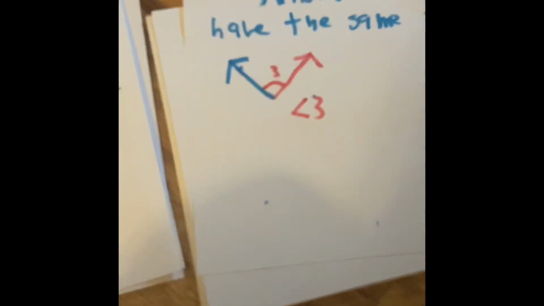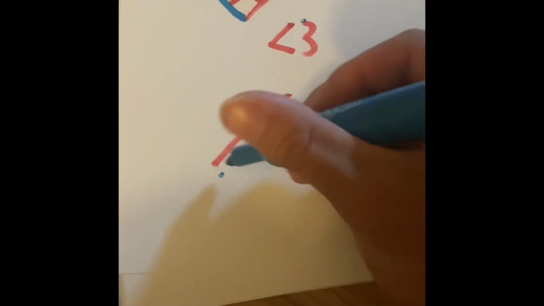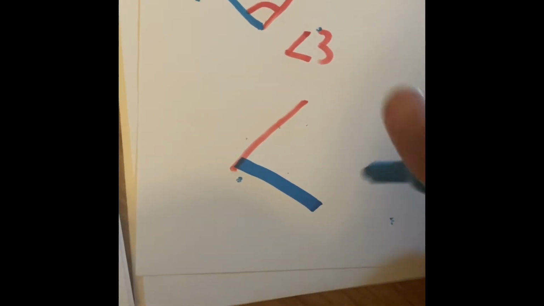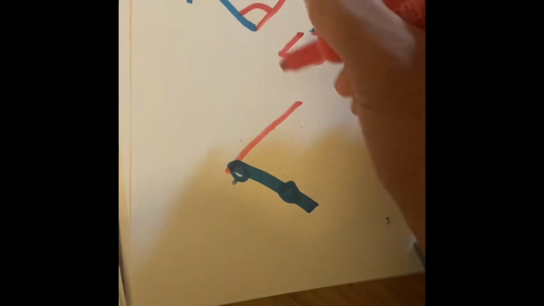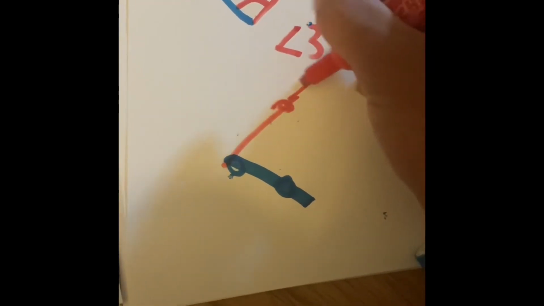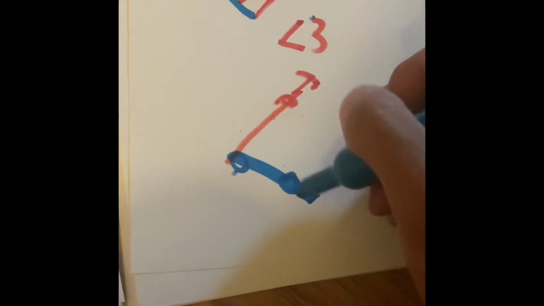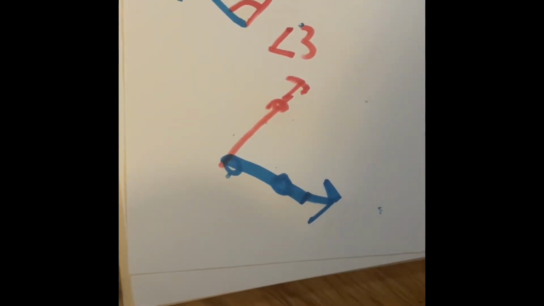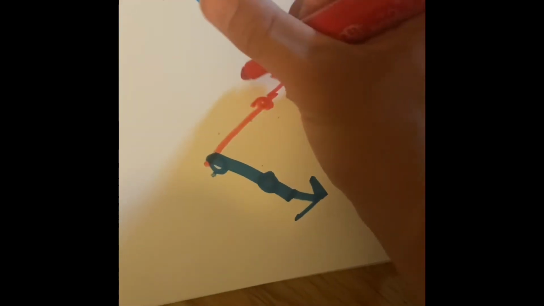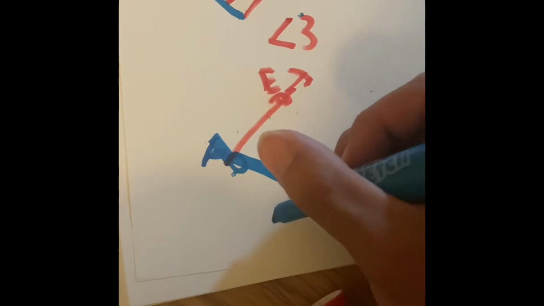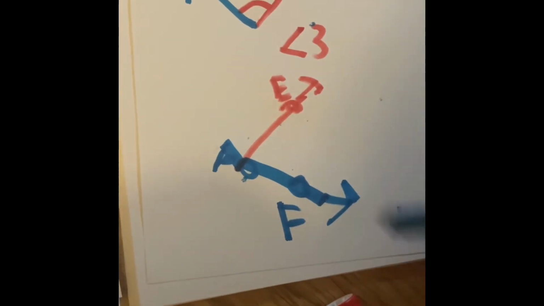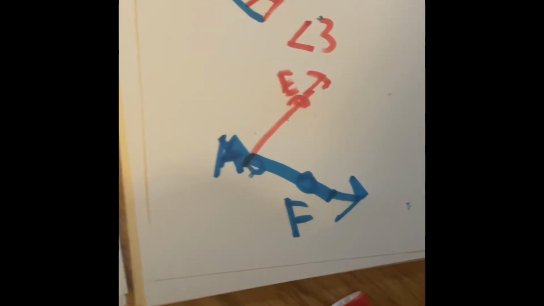Sometimes you'll have even more information in the angles. We're going to put a point here, a point here, and a point here. But we're going to have them as arrows. So we're going to say this is point E, this is point A, and this is point F. This will give us a lot more information.